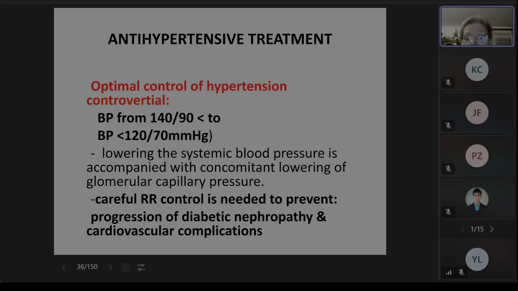Why? Because it is very important to reduce hyperfiltration inside the glomeruli. It can prevent the injury of the glomeruli, and in general, it can prevent the patient from some cardiovascular complications.